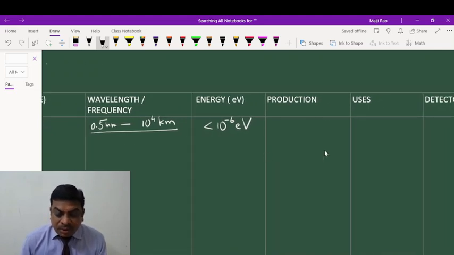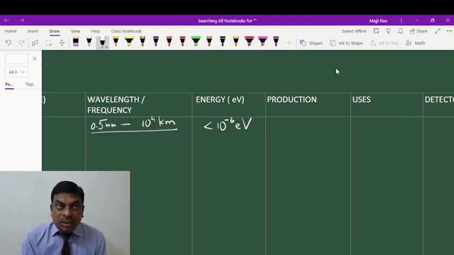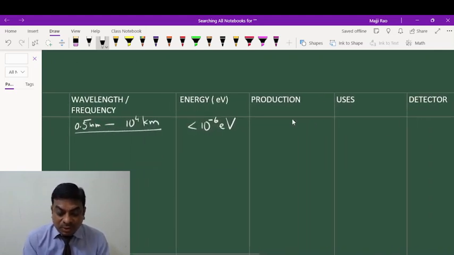Now they are produced when electrons are strongly accelerated or decelerated. In a copper wire or in any metallic wire, when free electrons are accelerated or retarded quickly, then these radio waves are produced. So I'll write this here.